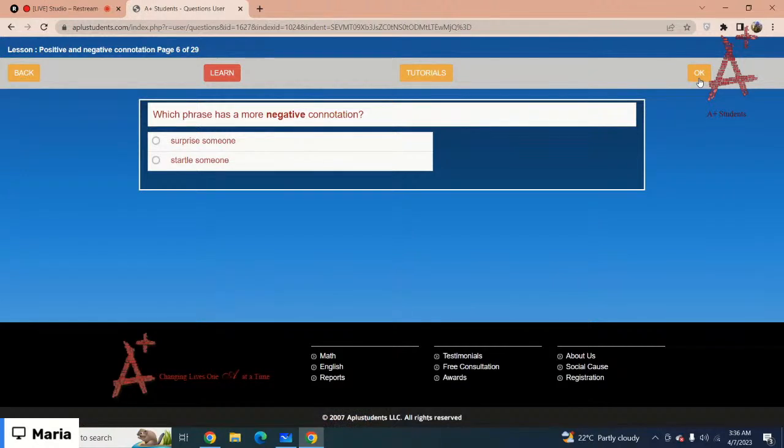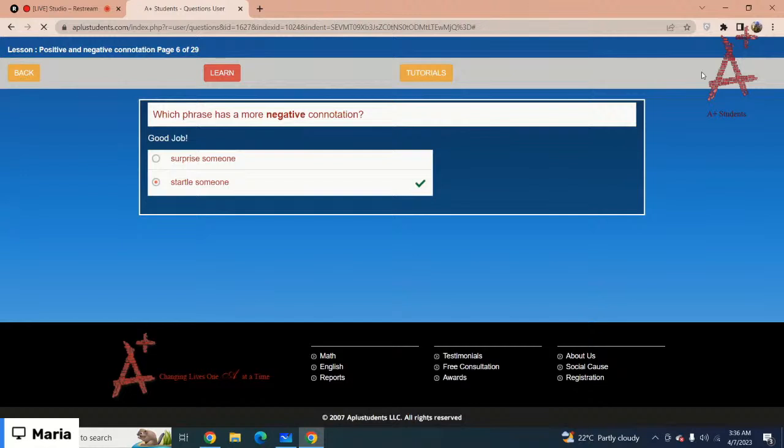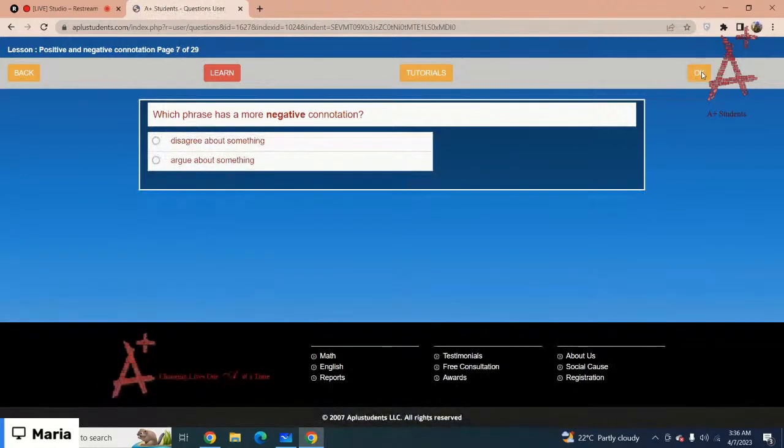Think and then answer. Which phrase has a more negative connotation? Surprise someone or startle someone? That would be the second option. Got it? More negative. Okay, which phrase has a more negative connotation?